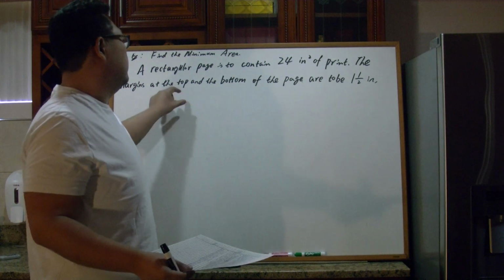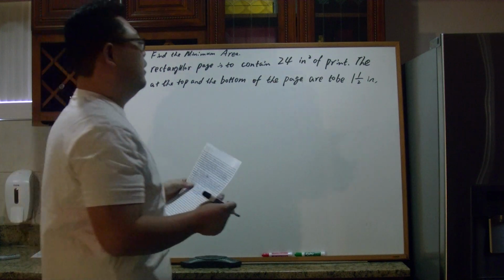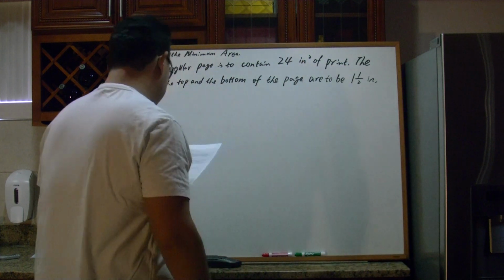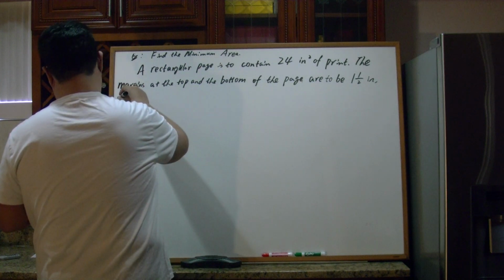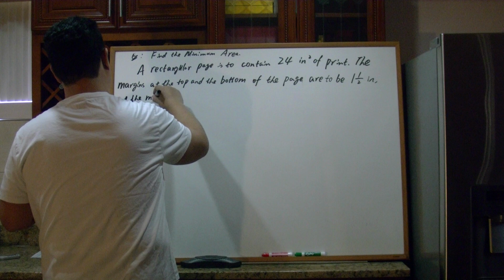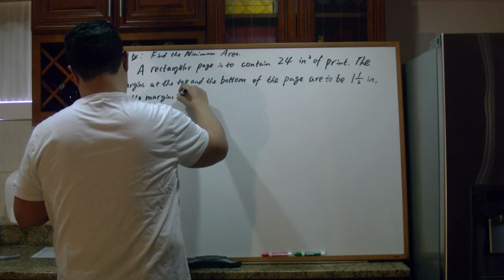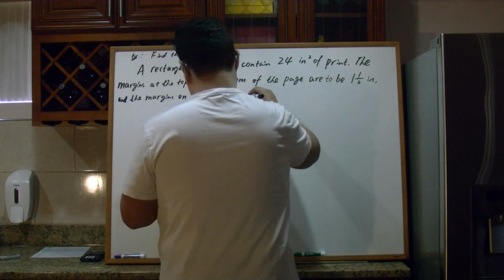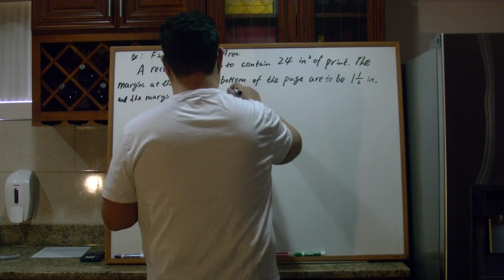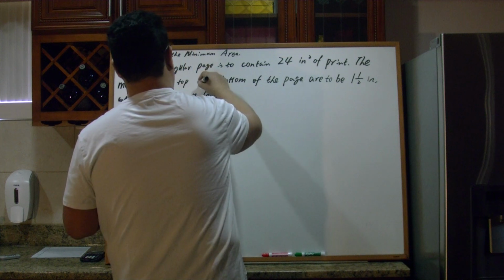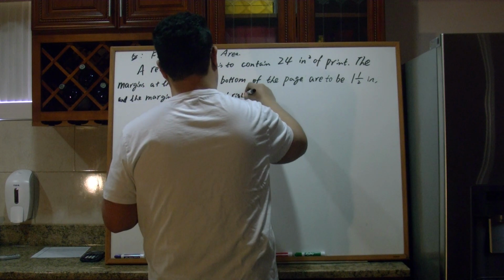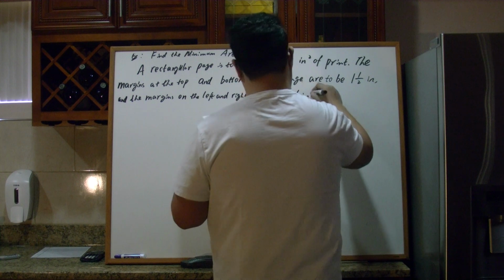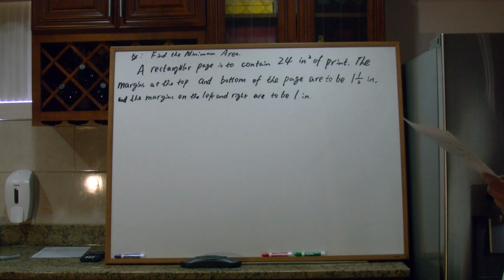The margins at the top and bottom of the page are to be 1.5 inches, and the margins on the left and right are to be 1 inch.